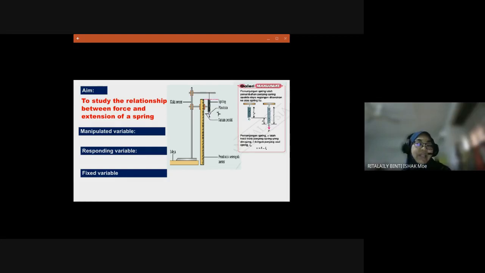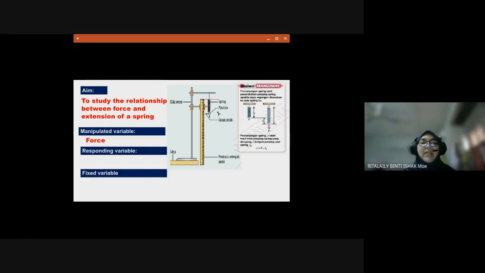So when we write our manipulated variable, mass is actually correct. However, from the inference to the aim, you use the word force. So for manipulated variable, you cannot simply change to mass, because it is a different physical quantity. So the best answer is the force. Or we can also write weight. Weight is a type of force.